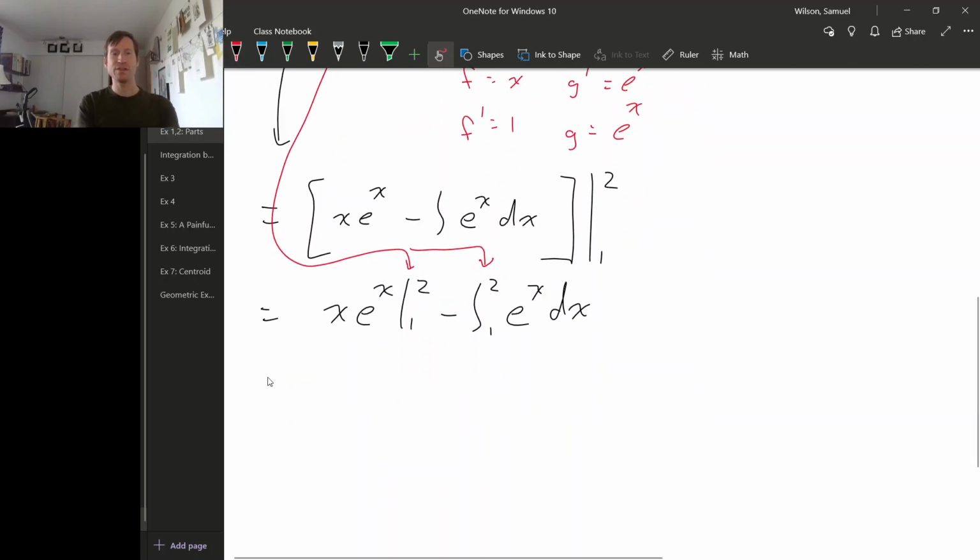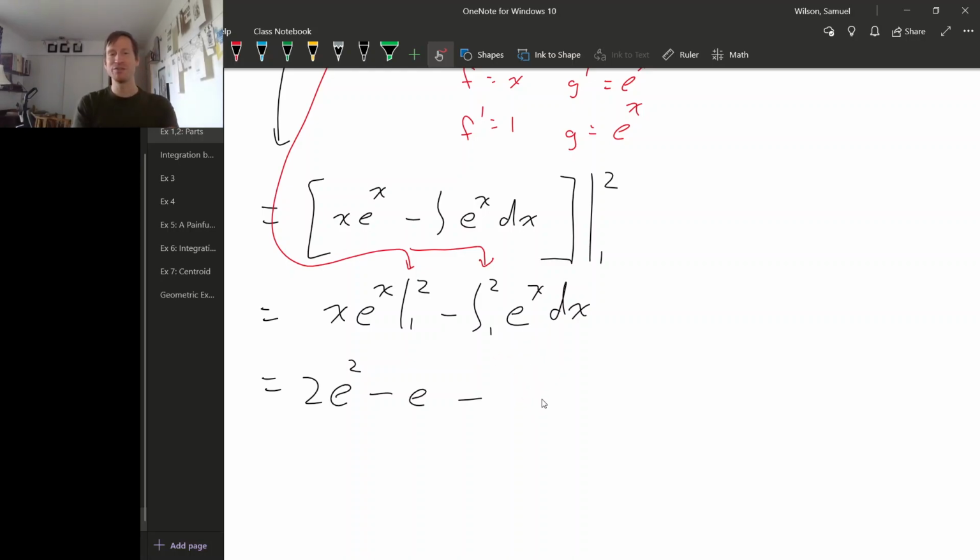Okay, so now this first piece we're ready to evaluate. So plug in the 2e squared, minus, and then plug in the 1 times e to the first power, so that's just e, minus, and now we need to do this remaining definite integral. But this definite integral is easier than the one we started with. That's a sign that we chose f and g wisely, because this integral we can actually do.